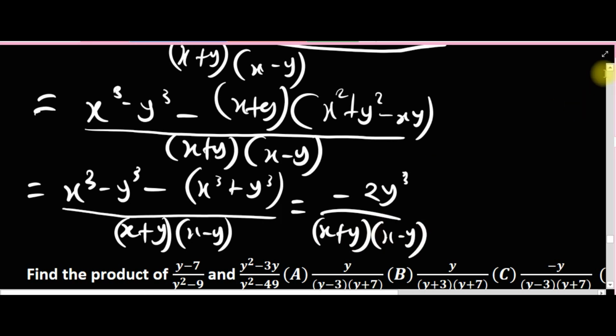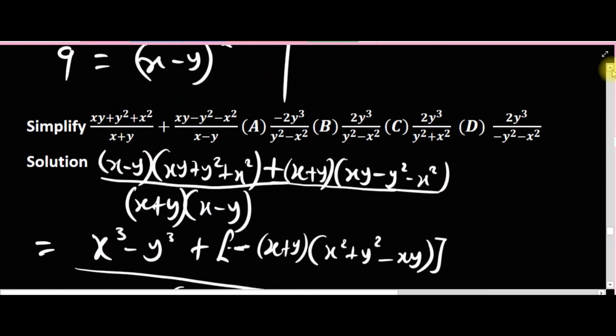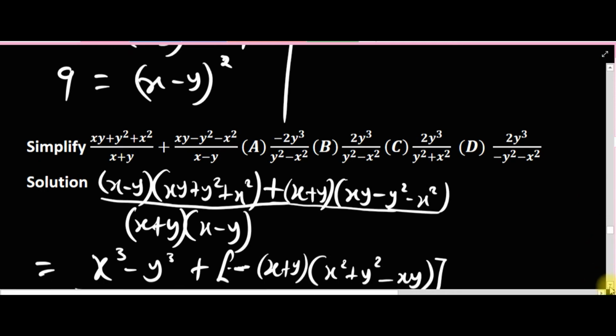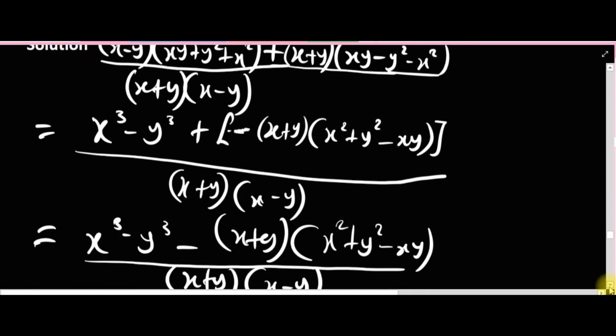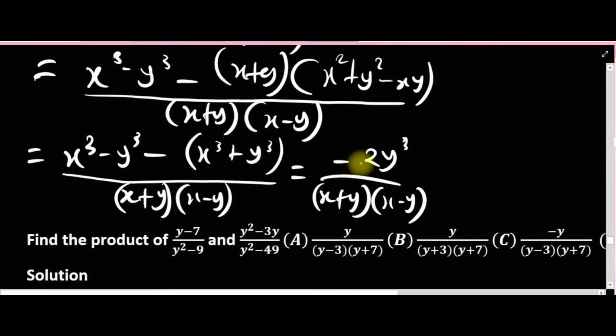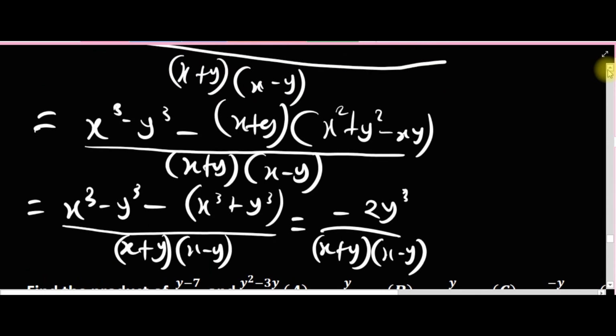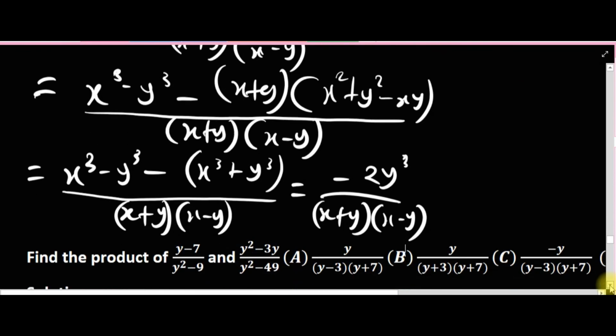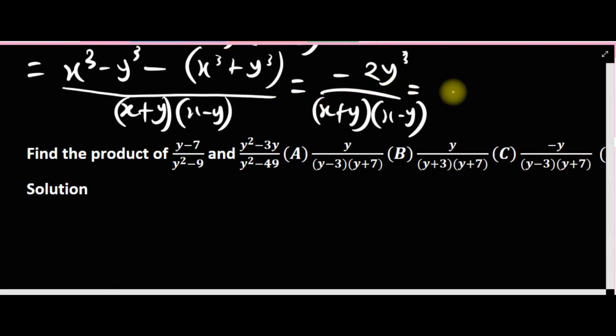So let's check the options. Let's do one more thing to make it right. The denominator is a difference of 2 squares, so we'll write it as minus 2y cubed over x squared minus y squared.